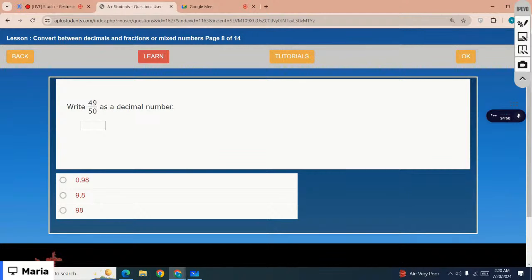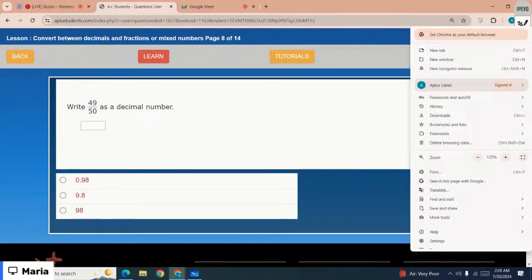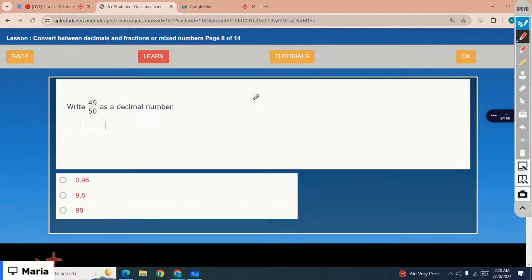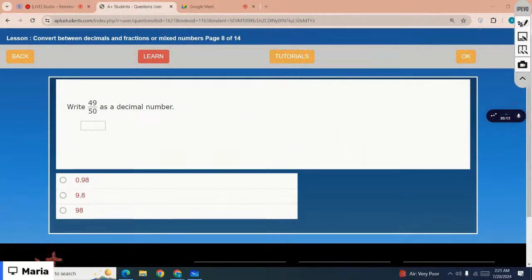Option number 1 is the correct option. You need to multiply by 2, because you have to make the denominator 100, right? So 49 times 2 over 50 times 2, right? 49 times 2 is 98. The correct option is 0.98. Option number 1 is the correct option.